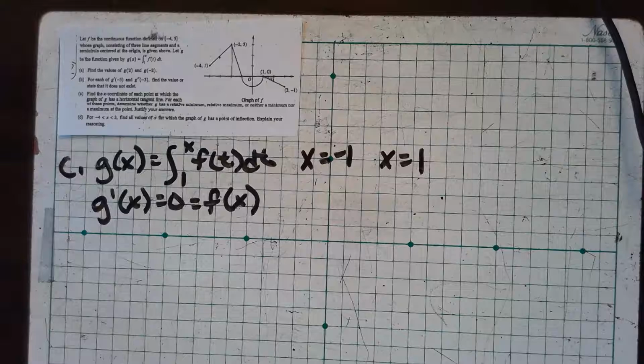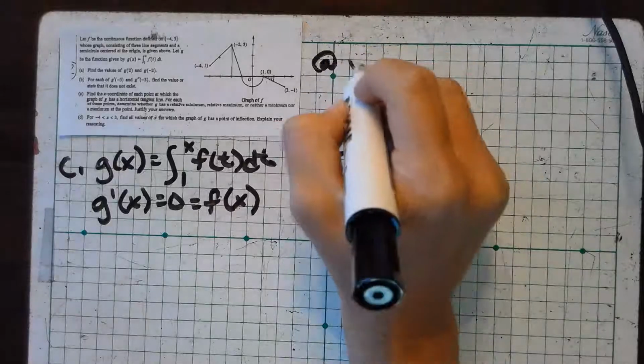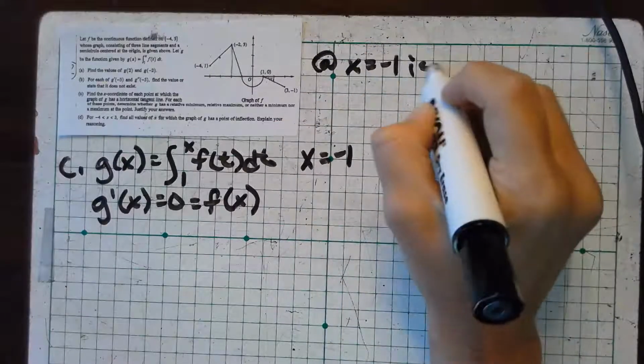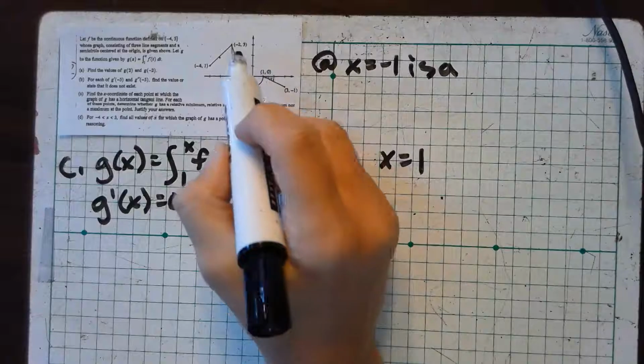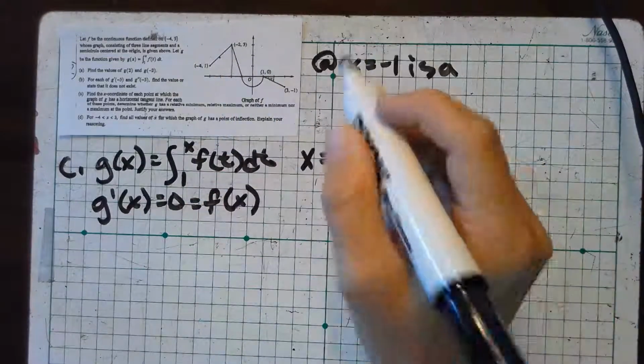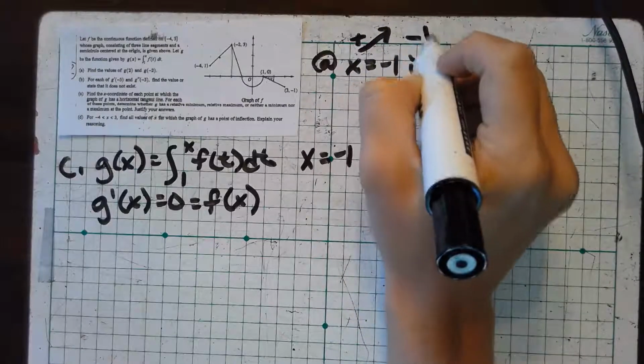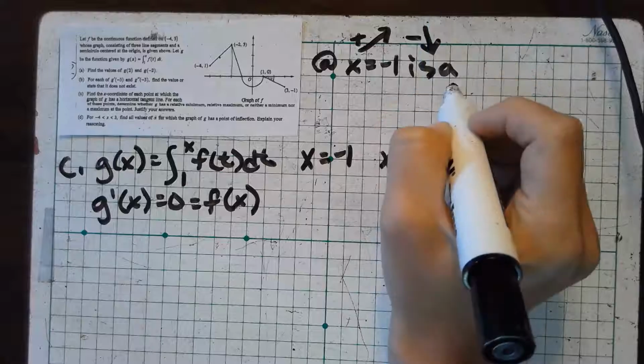Now, are these max or are these mins? So here we go, and justifying your answers. At x equals negative 1, let's look at this. Here it is positive and then negative. Think positive is going this way, negative is going this way. So it goes up and then down.